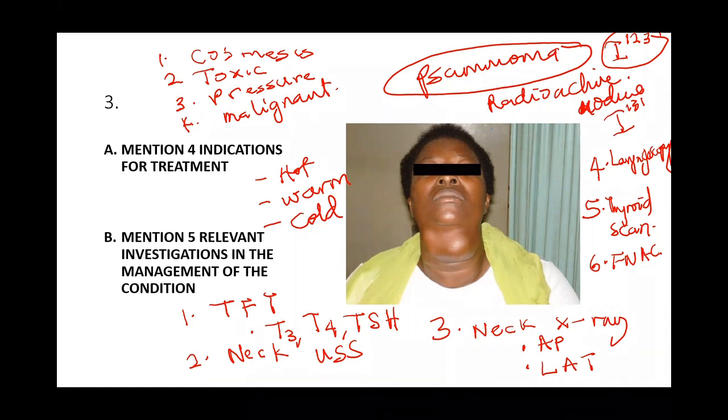For all thyroid lesions, you must do fine needle aspiration cytology for evaluation. You want to differentiate benign from malignant lesions, okay? And you have a system of reporting the fine needle aspiration cytology.